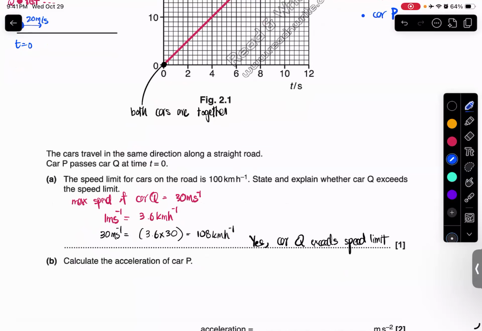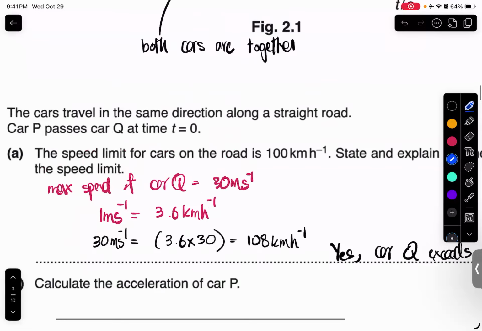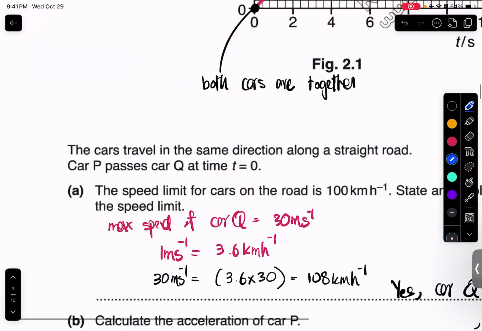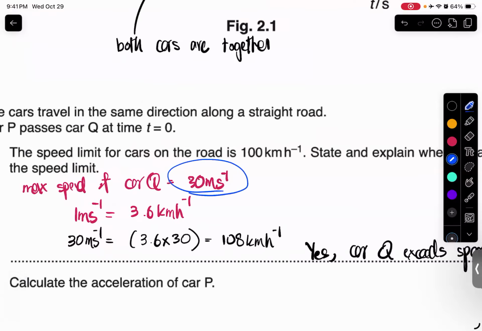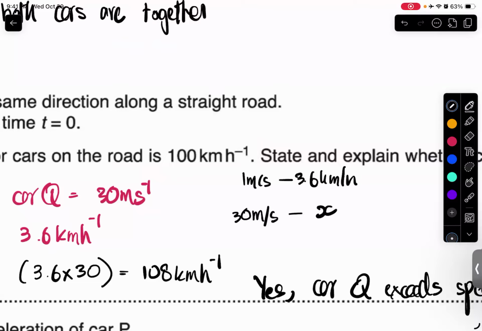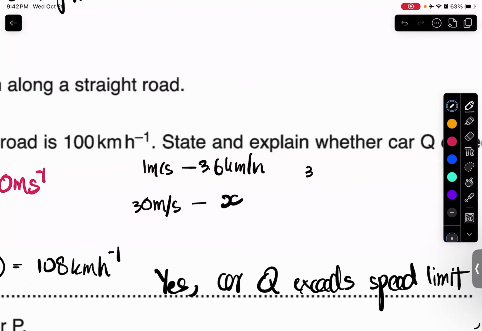Are you sure we did it right? Once again, what was the speed of the car? 30 meters per second, right? And if you know that 1 meter per second is 3.6 kilometers per hour, that means 30 meters per second is just going to be X. So 3.6 multiplied by 30 is equal to X, which is 108.